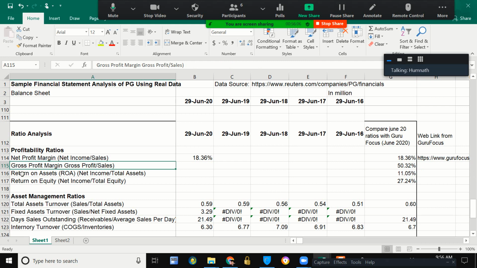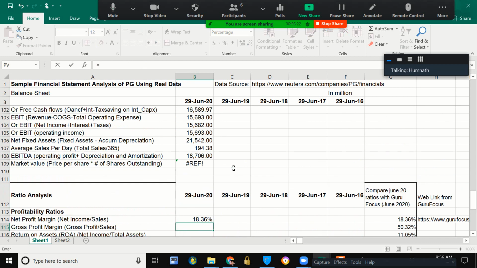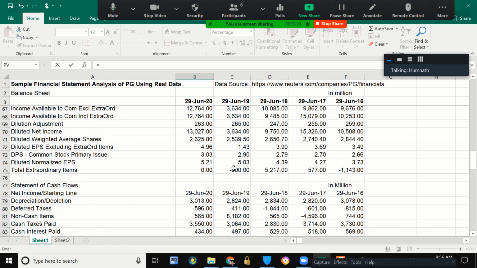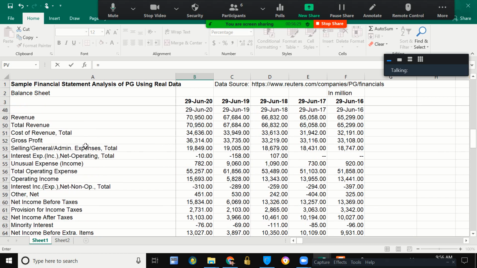Let's do this gross profit margin. This gross profit margin is equal to gross profit divided by sales. So we're going to do equal, and we're going to find gross profit, and that information is available in the income statement. You can see we have gross profit. In case you don't have this gross profit over here, gross profit equals total revenue minus cost of goods sold, so cost of revenue.